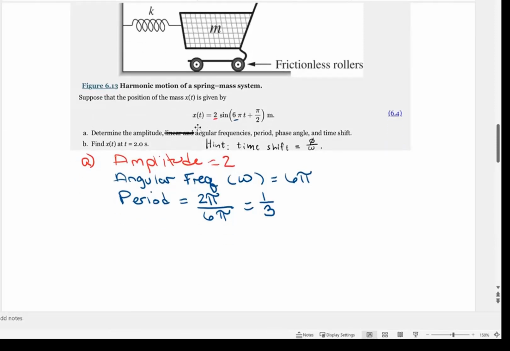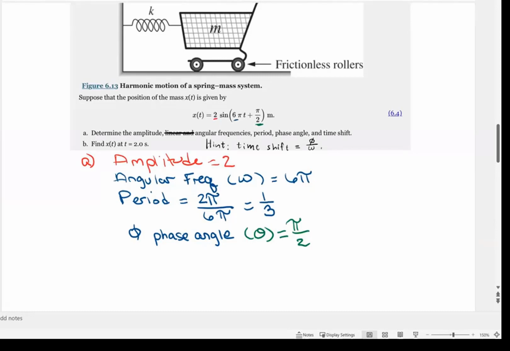Our phase angle, so that's our theta, and I didn't change color, I said I would. Our phase angle, theta, is pi over 2. And our time shift, I'll get another color.